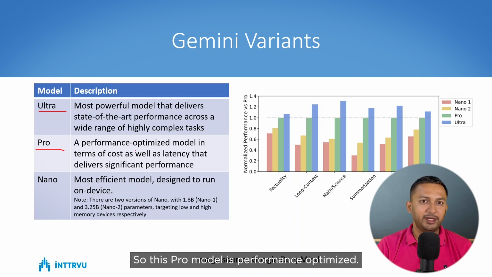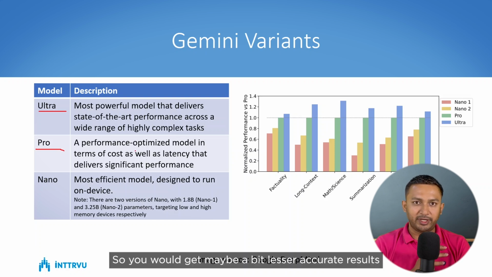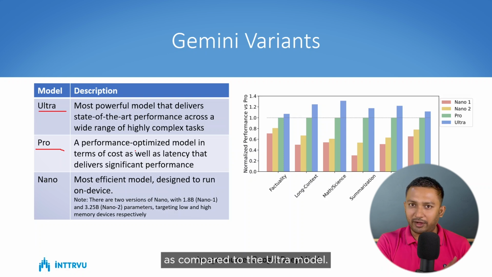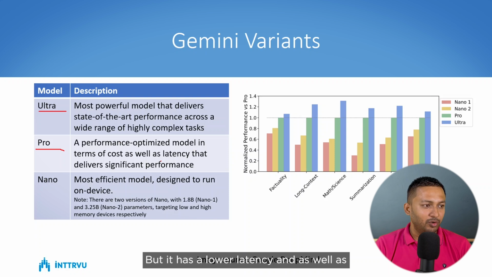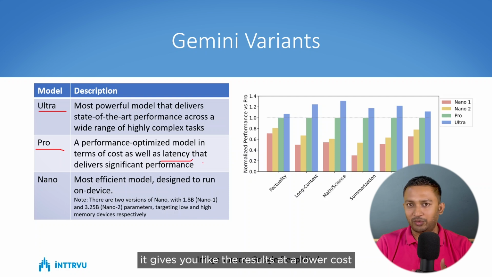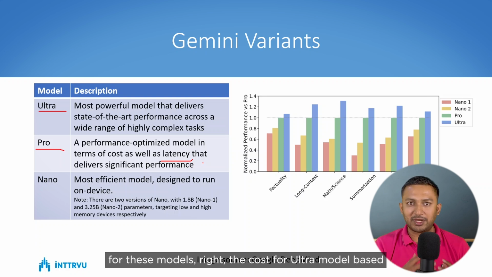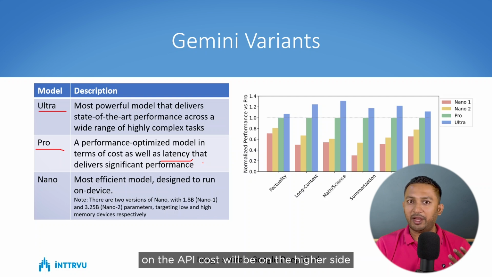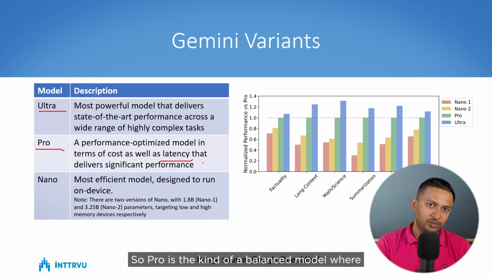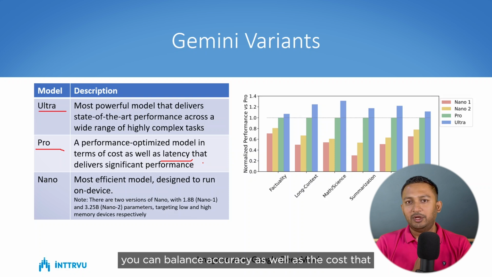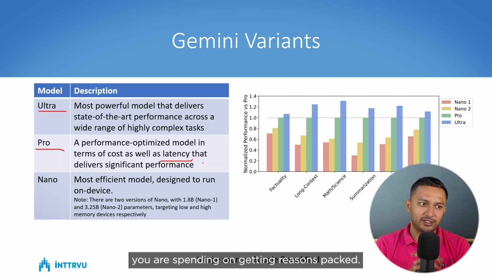This Pro model is performance optimized, so you would get maybe a bit less accurate results as compared to the Ultra model, but it has lower latency and it gives you results at a lower cost, because I'm very sure when Google starts charging for these models, the cost for the Ultra model based on API calls will be higher than the Pro model. So Pro is a balanced model where you can balance accuracy as well as the cost that you're spending on getting results back.